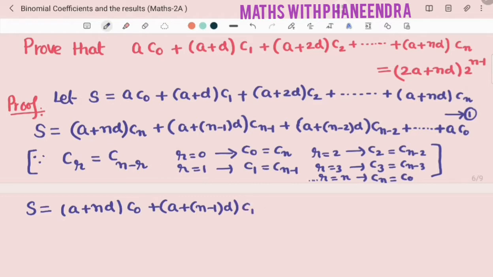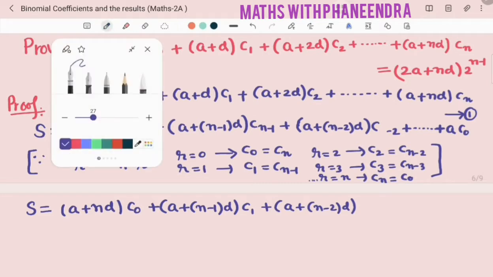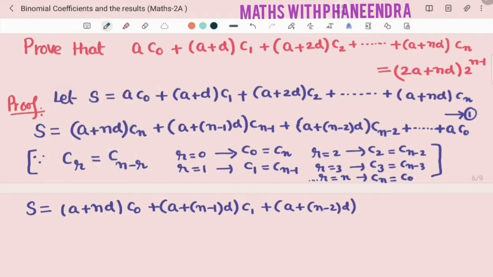So C1 plus (a plus (n minus 2) into d) into, in place of Cn minus 2, you can write C2. Just for understanding purpose I am underlining. So C2 here plus and so on, a into, in place of C0 we can write Cn. This you can put as equation number 2.